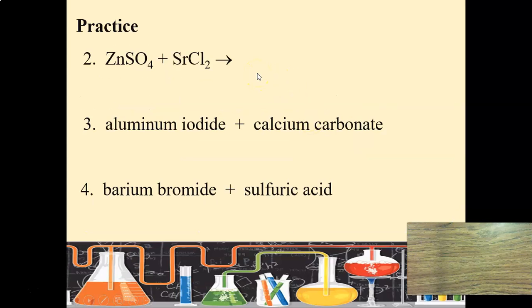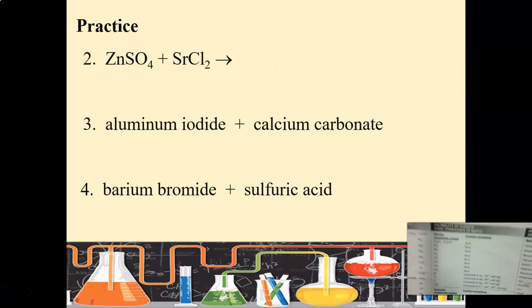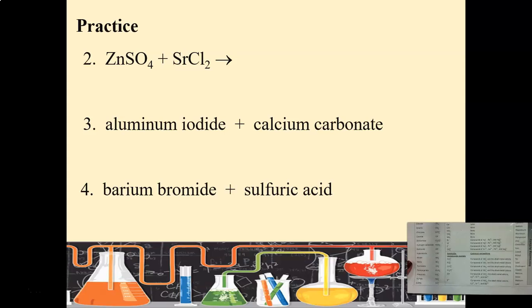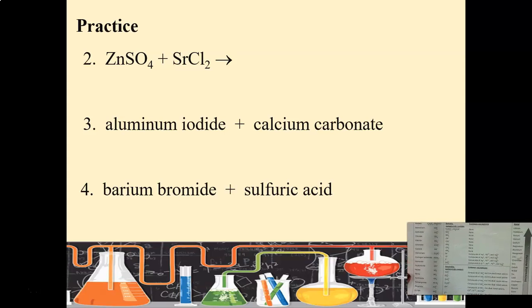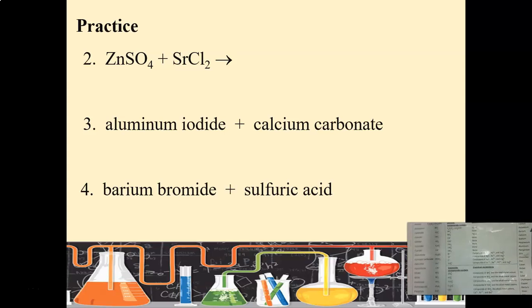So let's do this particular reaction, or these reactions. We have some solubility rules that we can use also. So here's a copy of the other solubility rules that we use. They're here in the middle on this periodic table. You can use basically any solubility rules. We'll have a copy of the solubility rules uploaded for you though. So here are the solubility rules we're going to refer to.